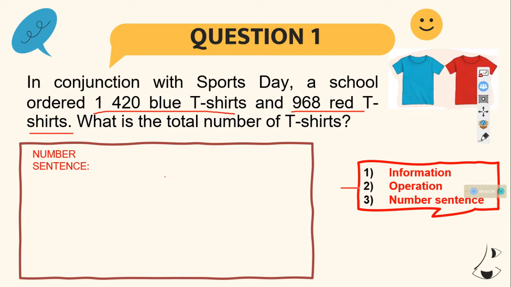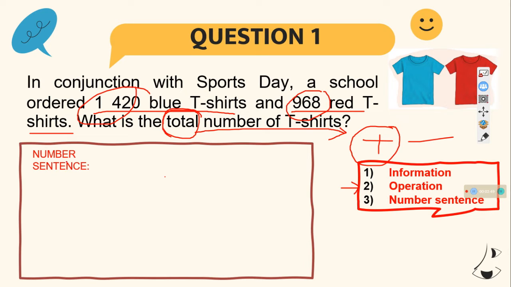And then the second one, operation. So from this question, the keyword is total. Which operation do we use? Addition or subtraction? Of course, addition, because the keyword is total. So you have to add this number with this number.